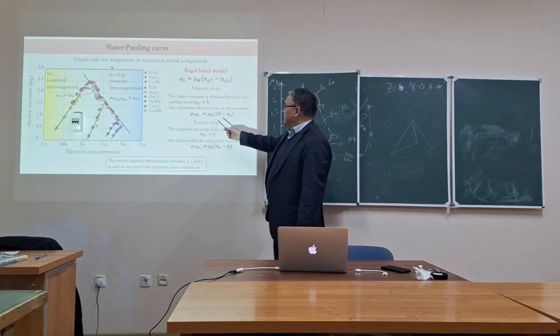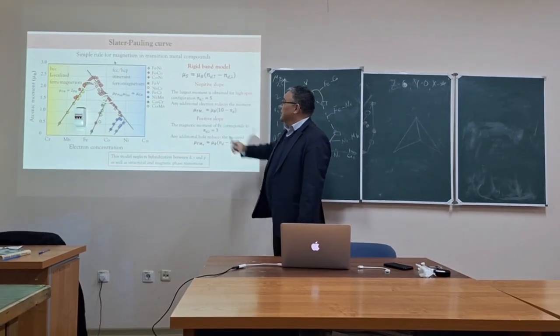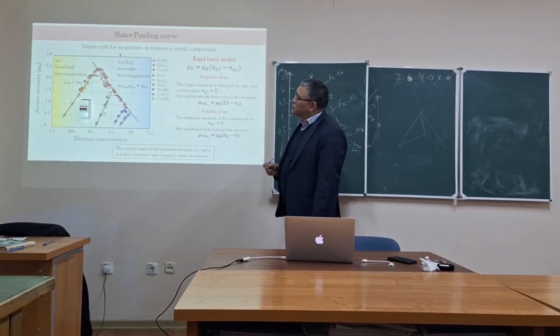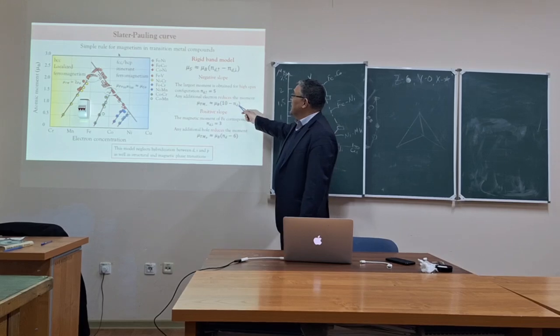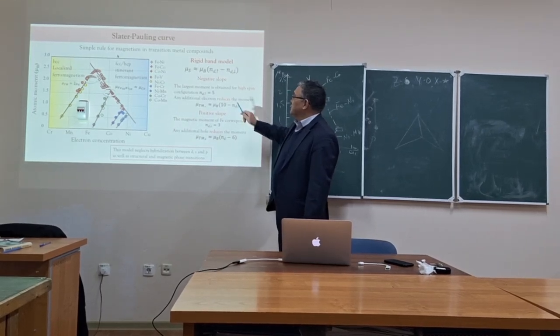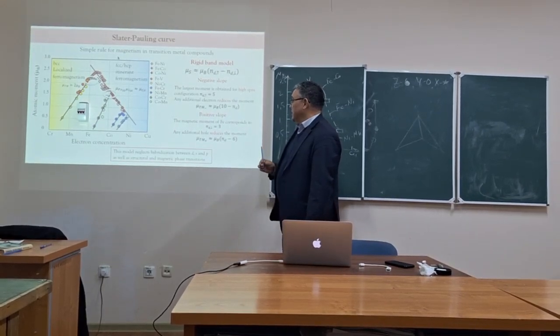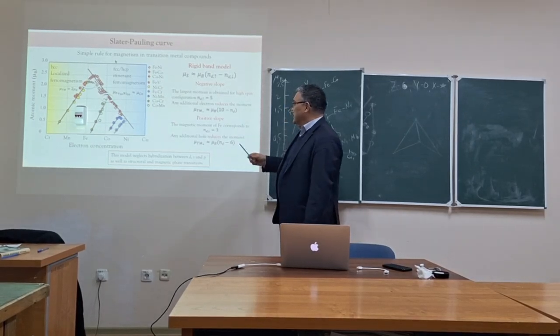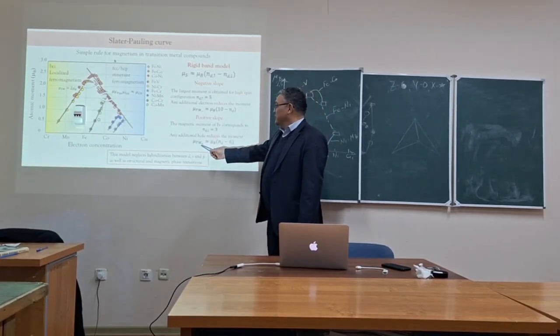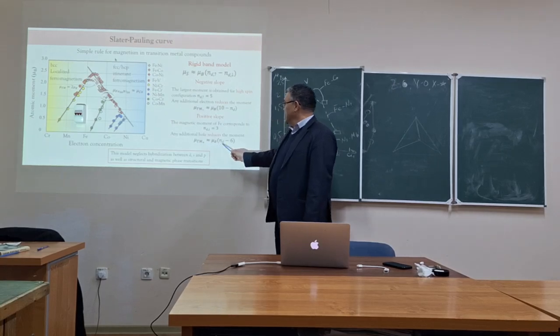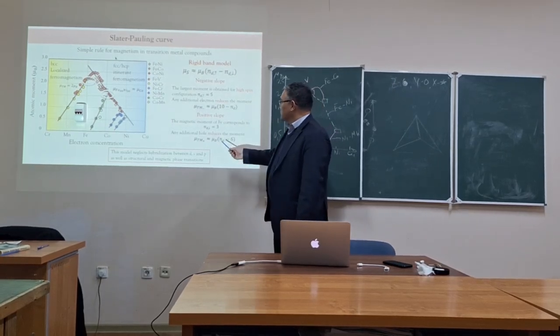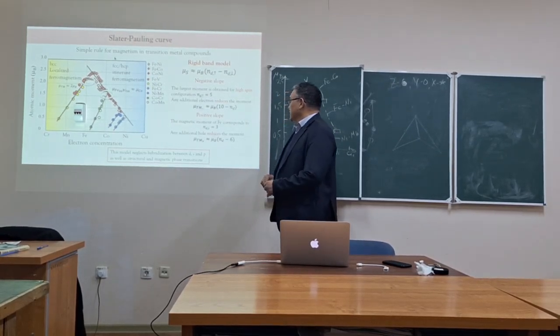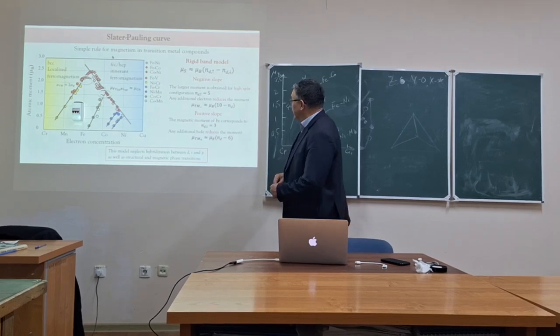Clearly this magnetic moment is less than 2 in this case, because Nd for these elements is larger than 8. On the left we can interpolate the magnetic moment with this expression: mu equals mu B times (Nd minus 6).